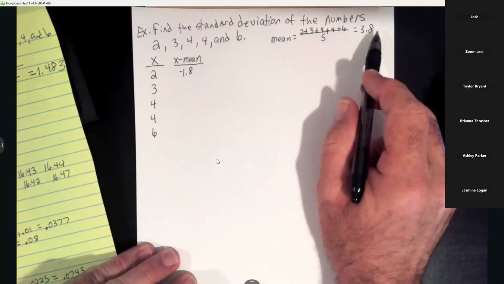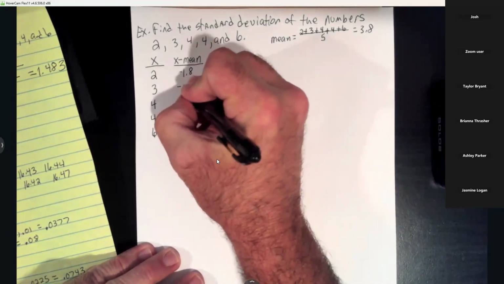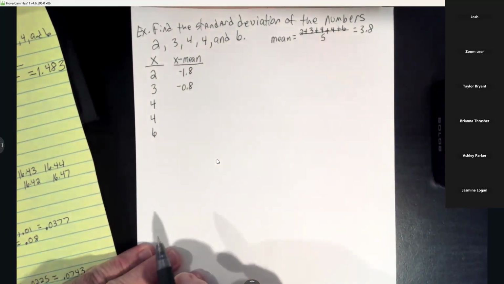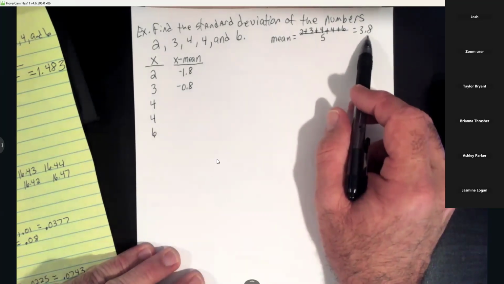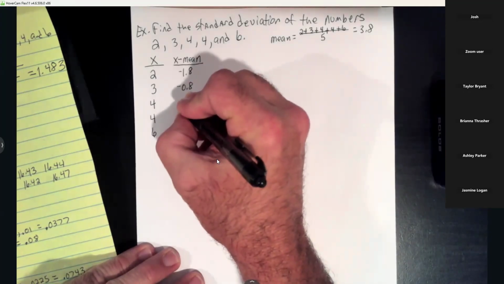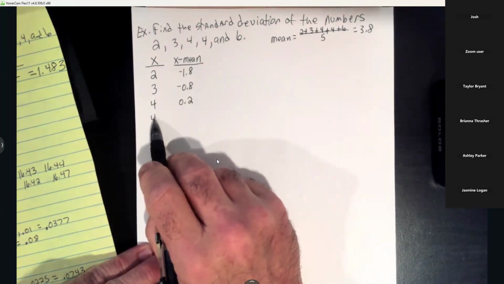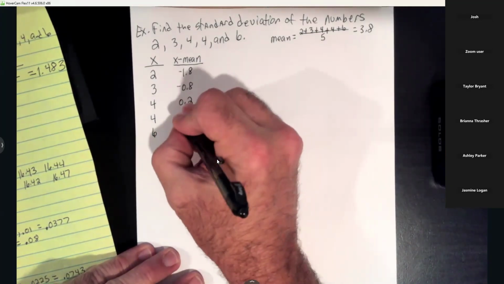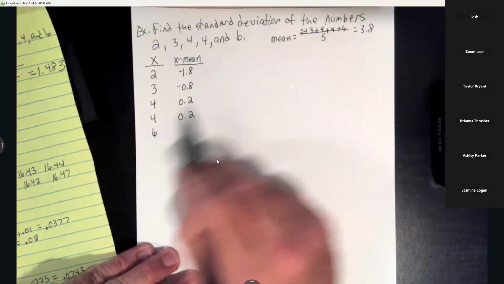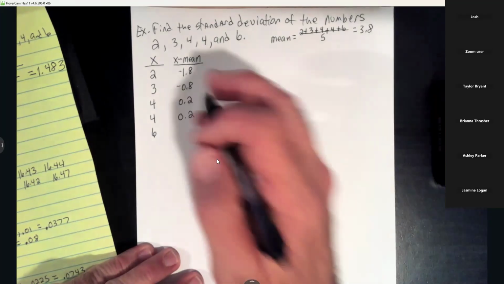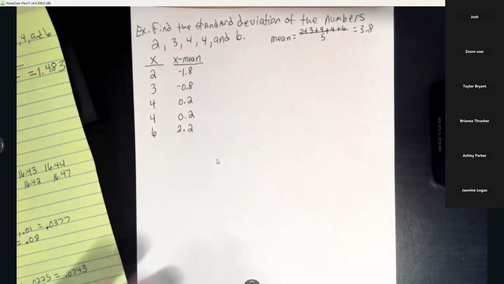When you take 3 and subtract 3.8, you get a negative 0.8. When I take 4 and subtract 3.8, I get a positive 0.2. And since this is the same data point, it's going to give me 0.2. And then finally, 6 minus 3.8 gives me 2.2.